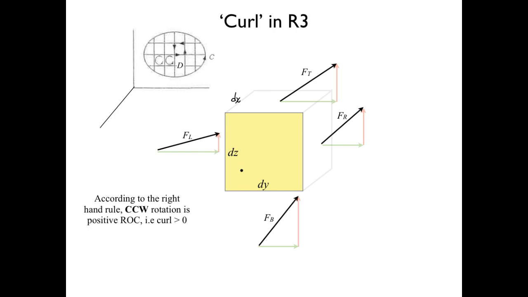For a change in z, we're looking at how the vector changes this way. So what's going to contribute to rotation with respect to z changing? The y components, the red ones, or the z components, the green ones?